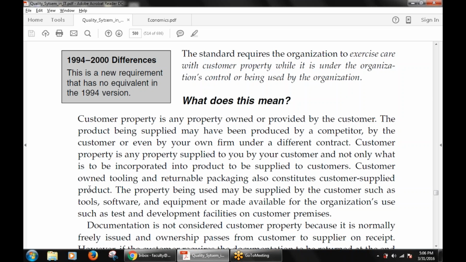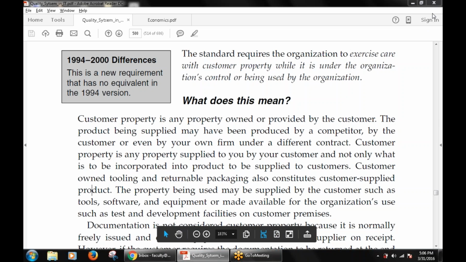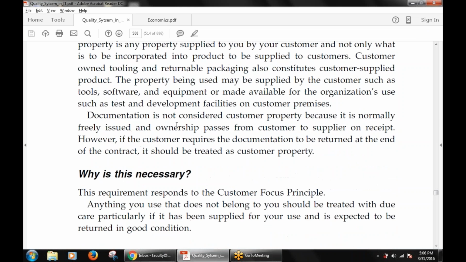The property being used may be supplied by the customer, such as tools, software, equipment, or made available for the organization's use, such as test and development facilities on the customer premises. Whatever data, tools or equipment are supplied by the customer and used by the organization, that is customer property. And documentation is not considered customer property.